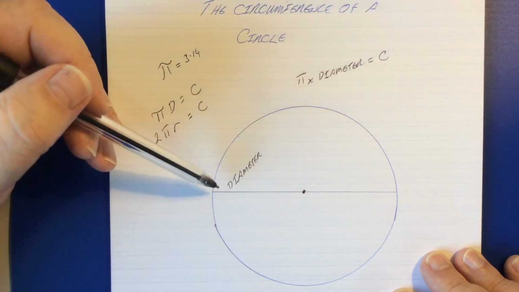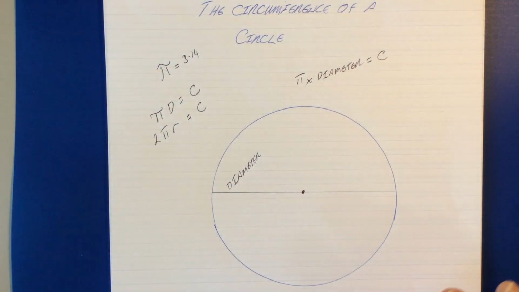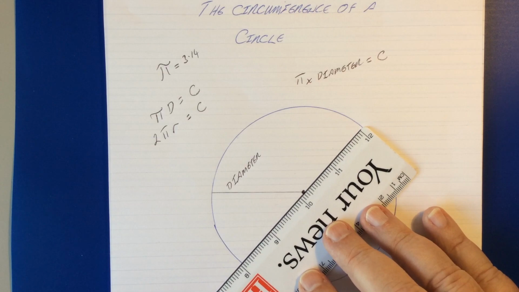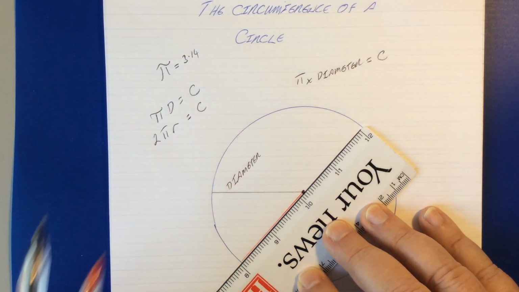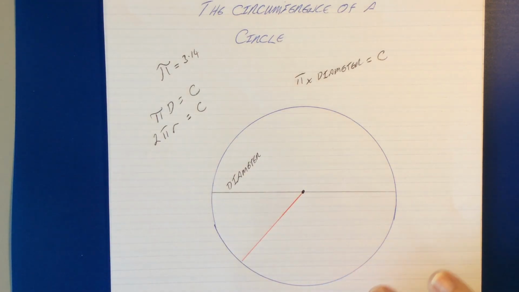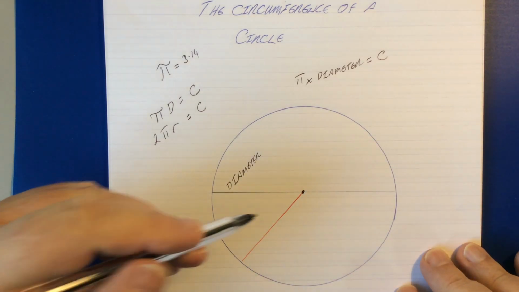If we don't have the diameter, but we have a radius, and I'll draw a radius in here, I'll do this in red ink. That's a radius, and a radius goes from the center of the circle out to the edge of the circle. It does not go all the way across. So the radius is half.